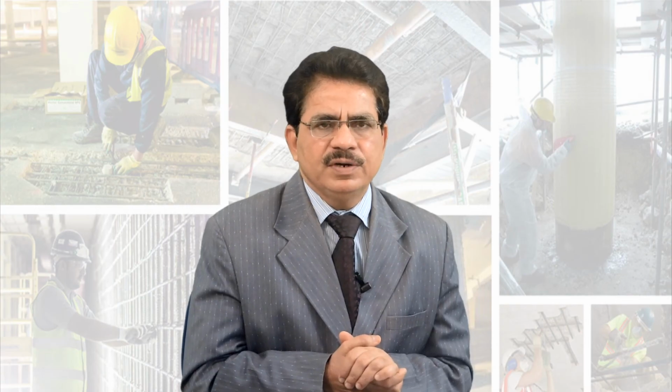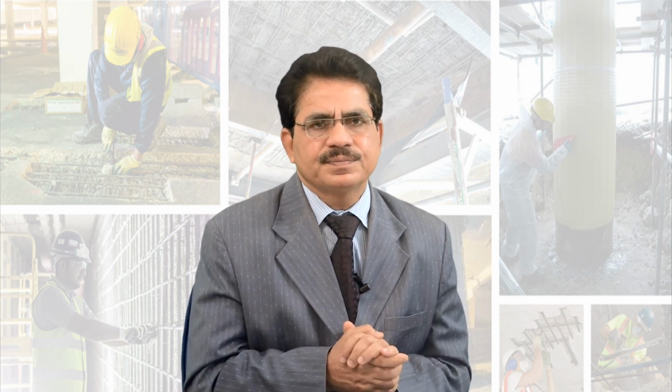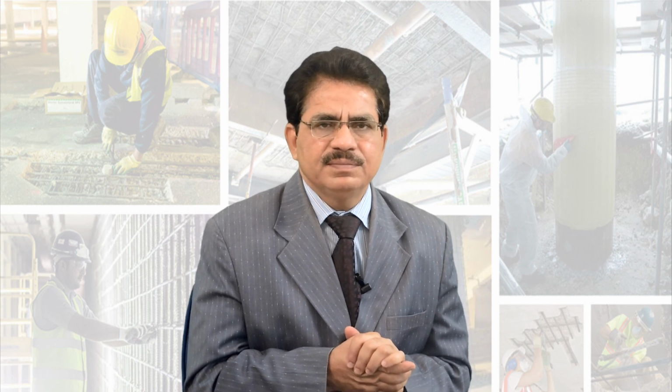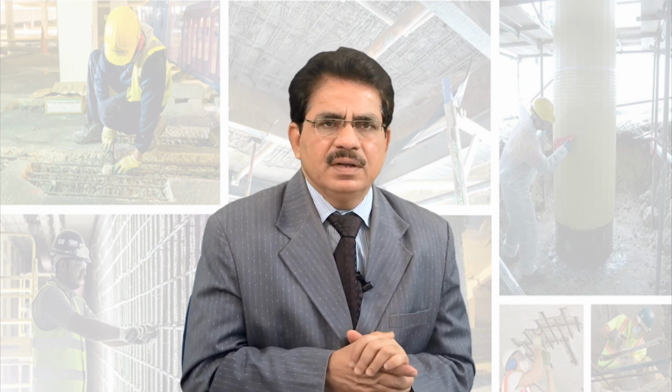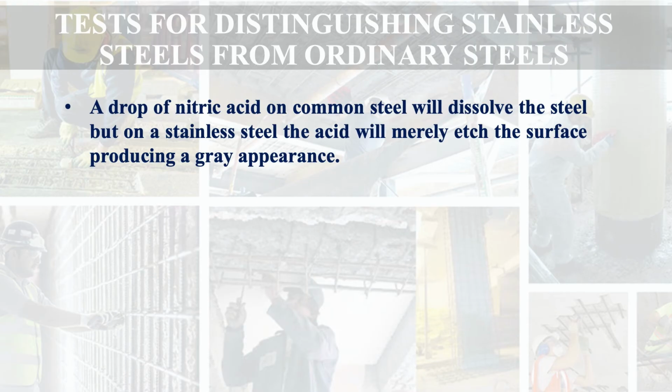Now let us look at the test for distinguishing stainless steel from ordinary steel. This is a very important thing basically. How to distinguish the stainless steel from ordinary steel. A drop of nitric acid on common steel will dissolve the steel, but on a stainless steel the acid will merely etch the surface, producing a grey appearance.